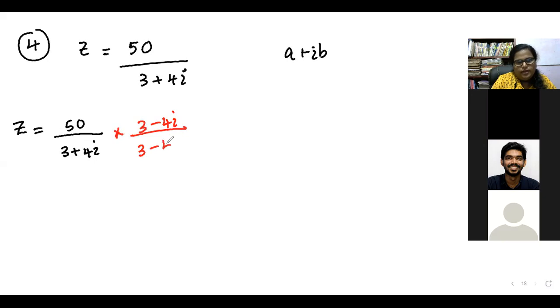So you have to multiply both sides by 3 minus 4i, right?